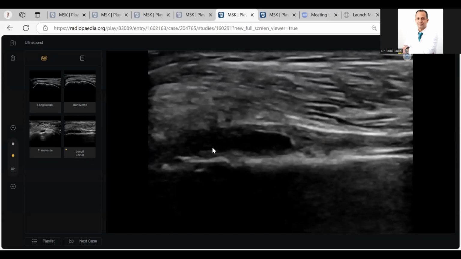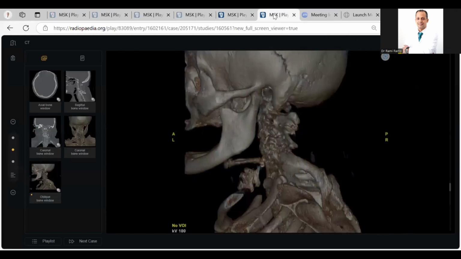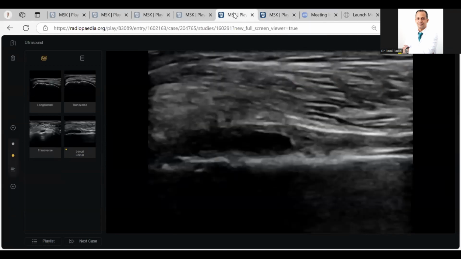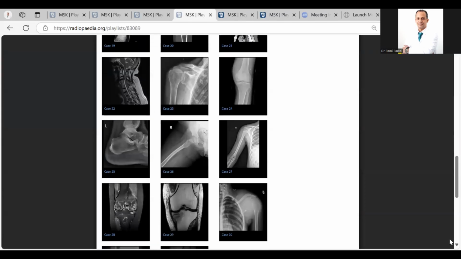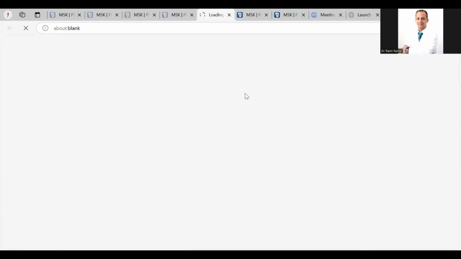So this is complete rupture. Excellent. My colleagues, ultrasound is now very widely used in musculoskeletal imaging, especially in the shoulder. So think and expect you may be given one case.